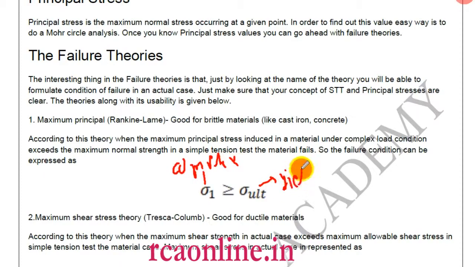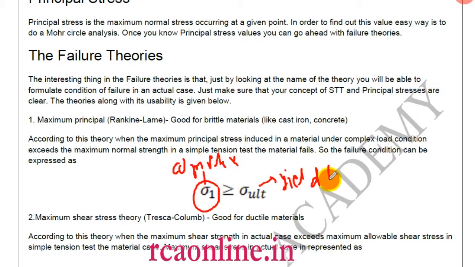So what we are doing is comparing the maximum value obtained, which is sigma 1. If it is greater than the yield value, then we will declare it a failure.